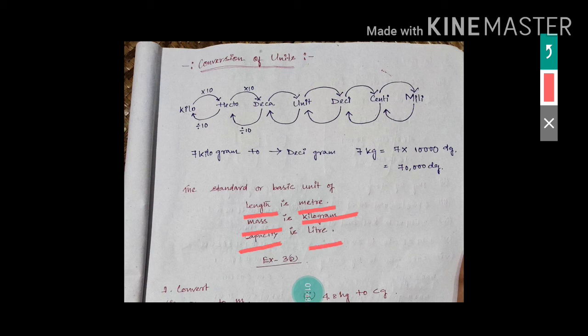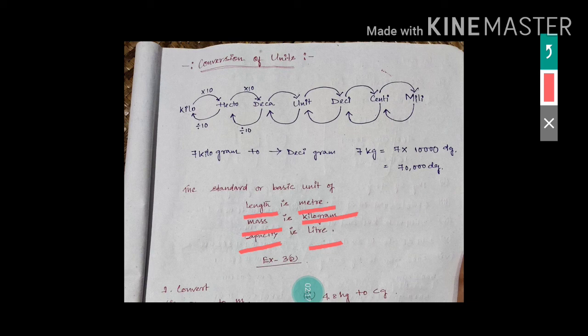So suppose I ask you what is the length of the bench you are sitting on. The unit we generally use is called the standard unit, basic unit. So we will say that this bench is 1.5 meter in length. So this is the standard unit of length.